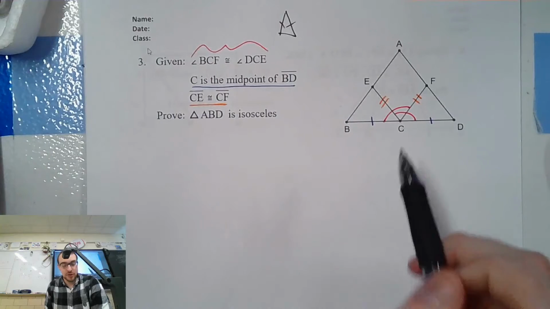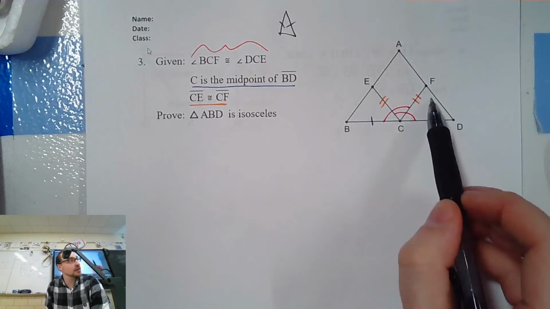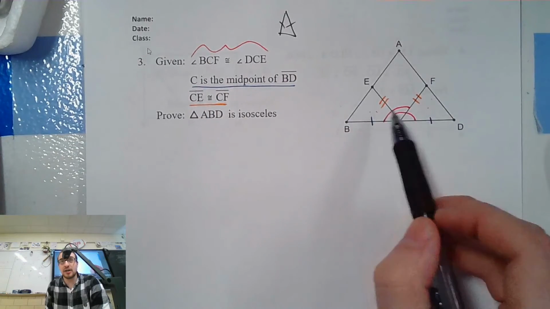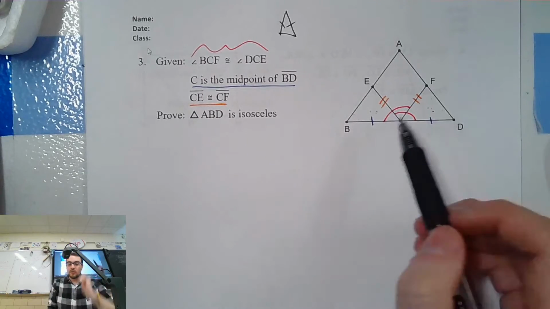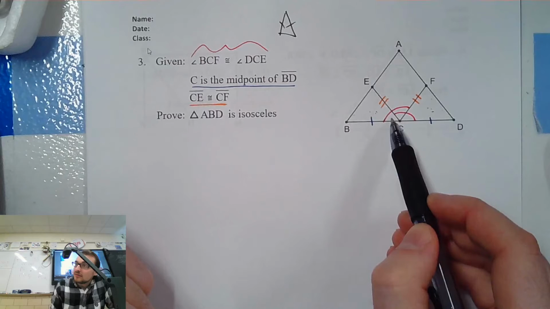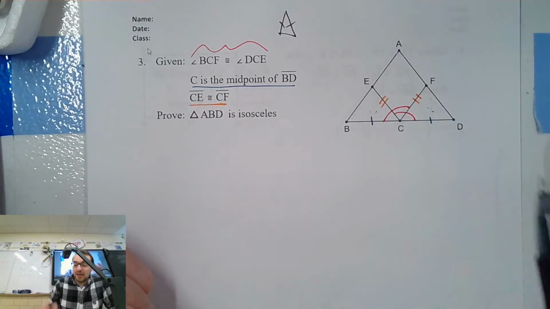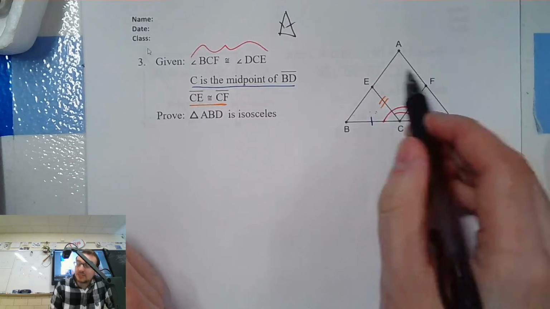So how do I get those two angles to be congruent? Well, prove the triangles congruent. If I get these two triangles to be the same, then their angles will be the same, by side angle side. So we want to do side angle side, but here's the problem. That angle is not referring to this angle. It's referring to the big angle. So we need some way to get this guy, and then we can do side angle side, and then we'll know these angles, and then we'll know these sides, and we'll win.